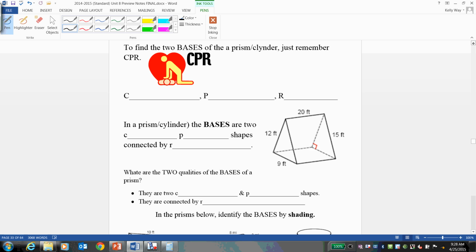Now, the main thing you need to understand is that the two bases have three qualities in prisms and cylinders. It's very important you memorize these. Those two bases are congruent shapes.